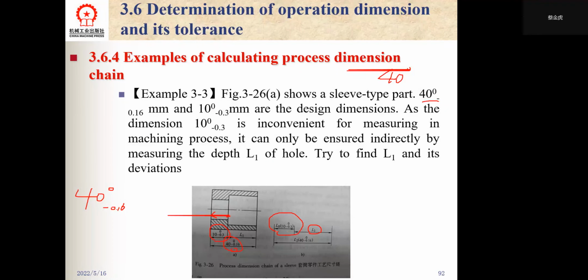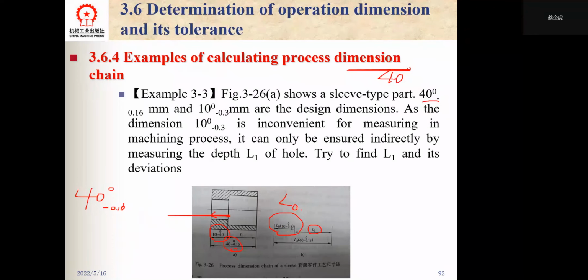So this dimension L0 is the closed link because it is formed naturally once we have L2 and L1.